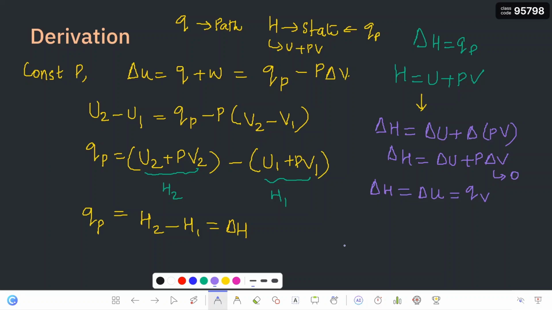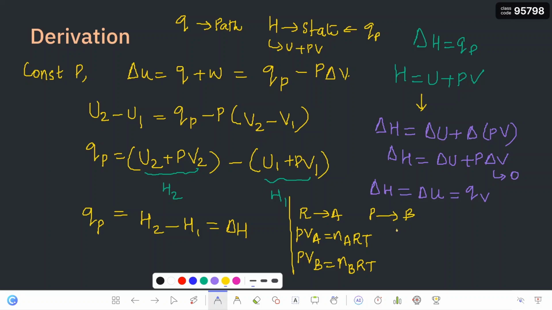Now, one more thing we will learn, how some other equation we can derive from this. Suppose the reactant A and product B are there. For the reactant gas, according to the ideal gas equation, PVA is equal to NaRT. Similarly, for the product, PVB is equal to NBRT.